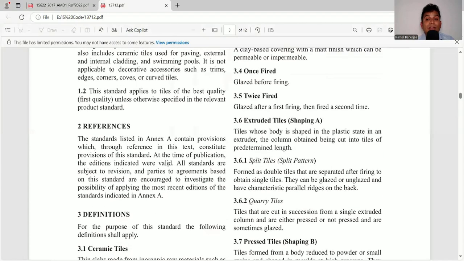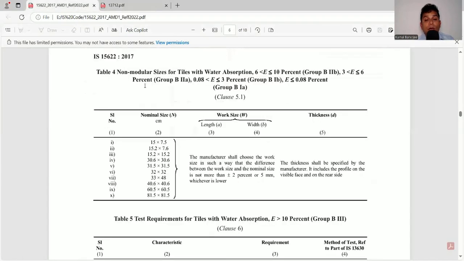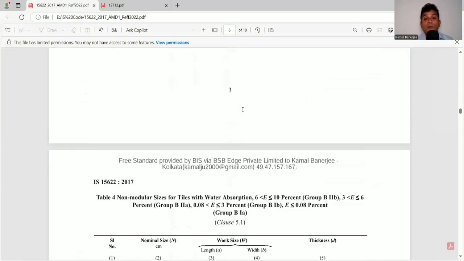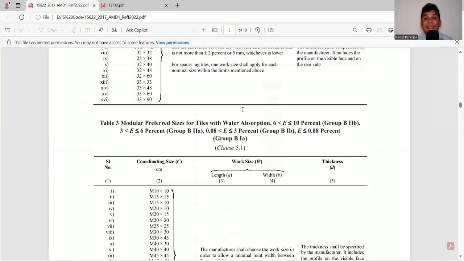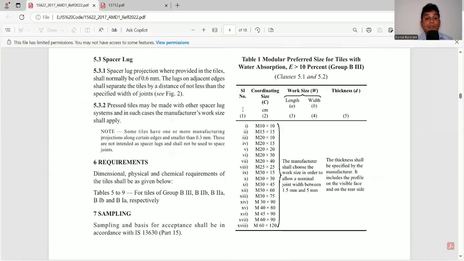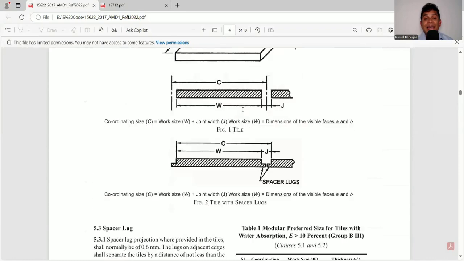So we have understood what our vitrified tiles are, what the water absorption capacity is, and what the modular size and non-modular size are. Now we need to know what the properties are and how we can check the tiles when they are coming to our projects, or whenever we are selecting tiles for our projects. So what is the criteria that we need to find out also? Where can we find that?